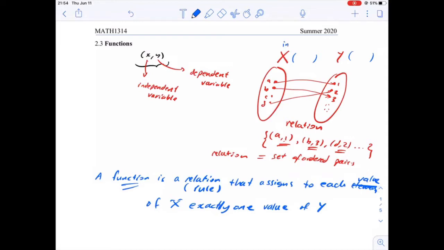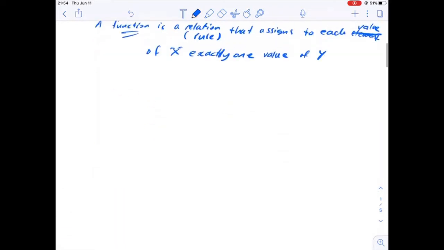Actually, we call these X values inputs and the Y values outputs, but when we talk about functions, we call this the domain. X is the domain and Y is the range. So that's the terminology that we're going to use when we talk about functions in general. Domain represents the inputs, range represents the outputs.